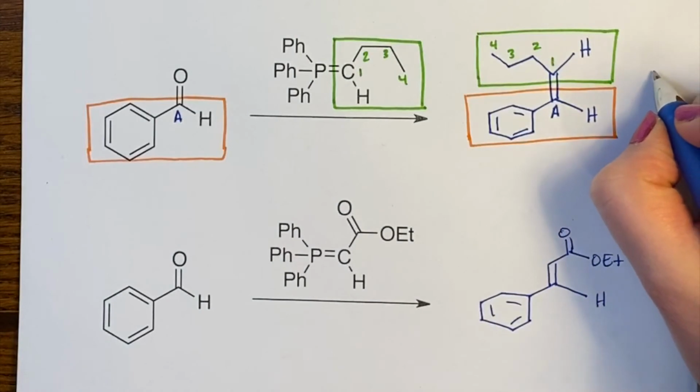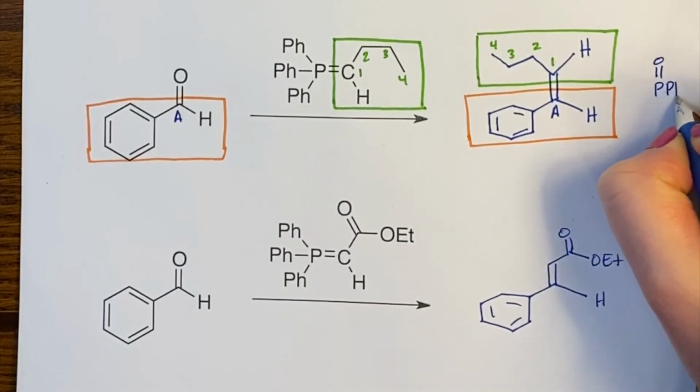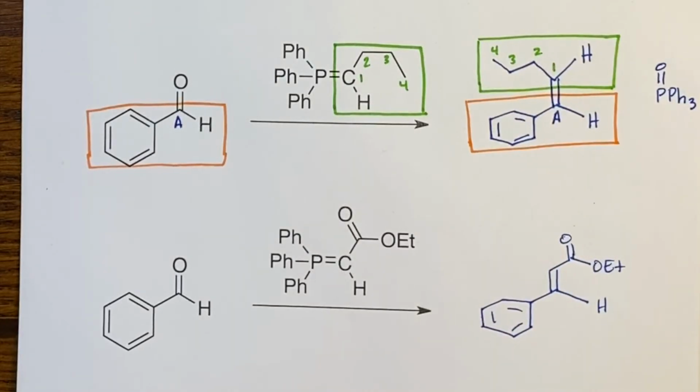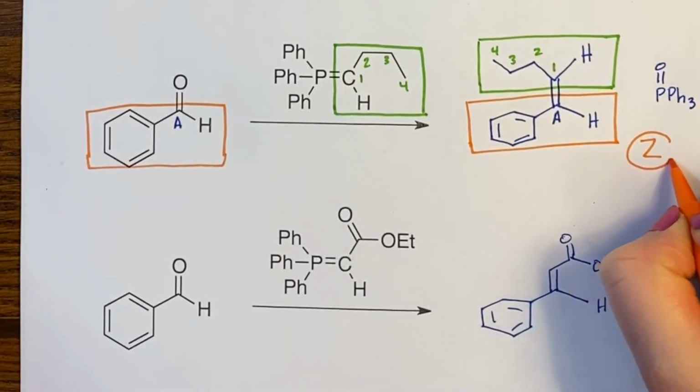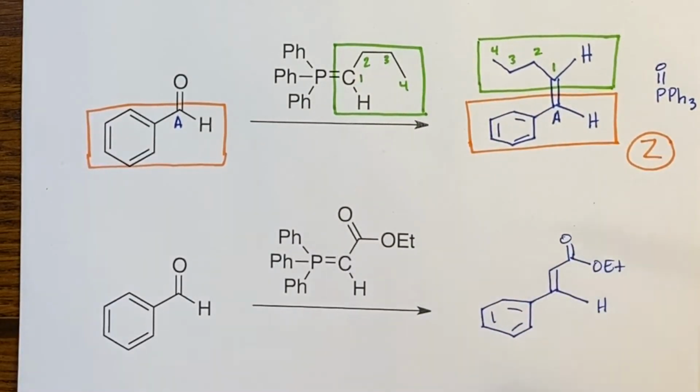So an additional product that I would get out of the reaction is this one. But you don't have to show that product when you're asked to predict products. So overall, this product here is my Z alkene, where my priority groups are on the same side in that structure.